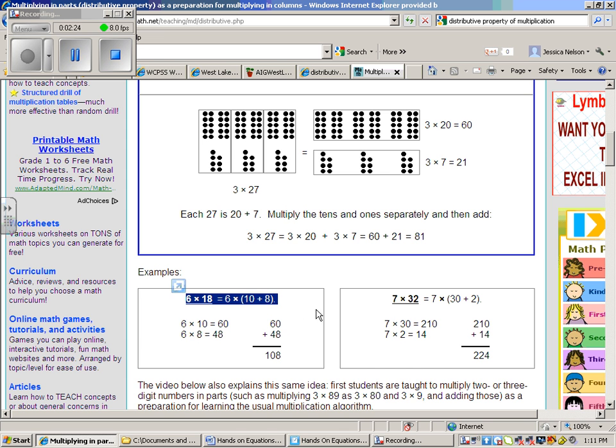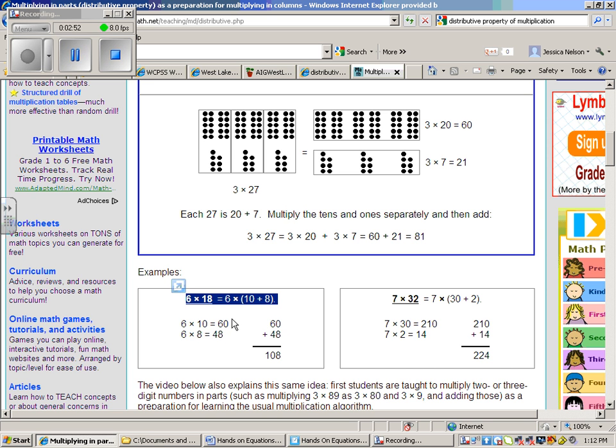Down here are 2 more examples, but now it's written a little differently. Notice how they wrote it out here. Instead of pictures, it's now an equation. So it's saying 6 times 18 is the same as saying 6 times, parentheses, 10 plus 8. It's the same process. You would then say 6 times 10 is 60, and 6 times 8 is 48.